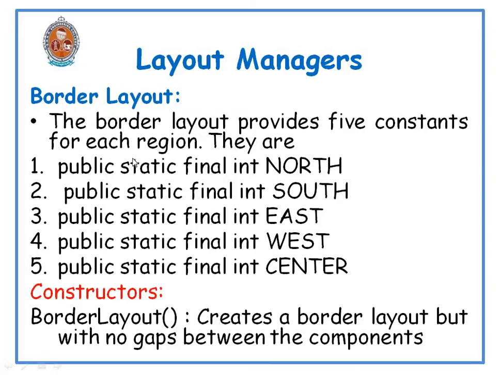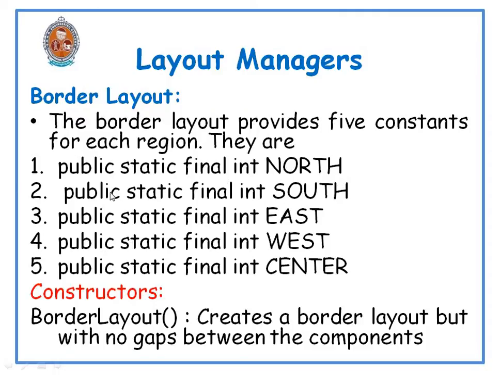Coming to the constants of the 5 regions. The border layout provides 5 constants, one for each region. They are public static final int NORTH, public static final int SOUTH, public static final int EAST, public static final int WEST, public static final int CENTER. In order to add a component in the north region, we need to use the constant public static final int NORTH.